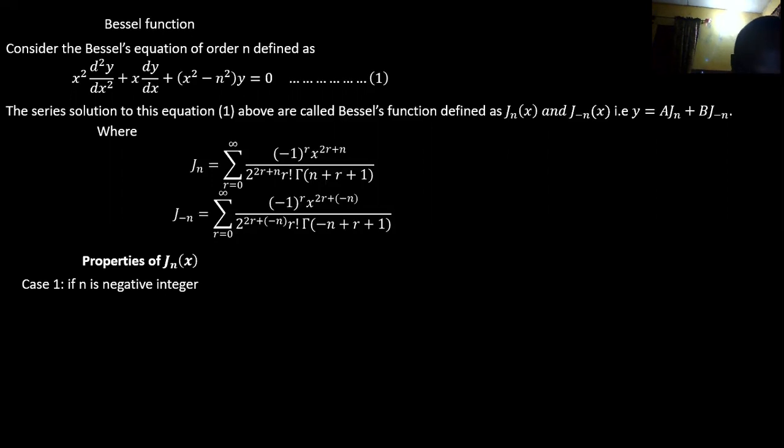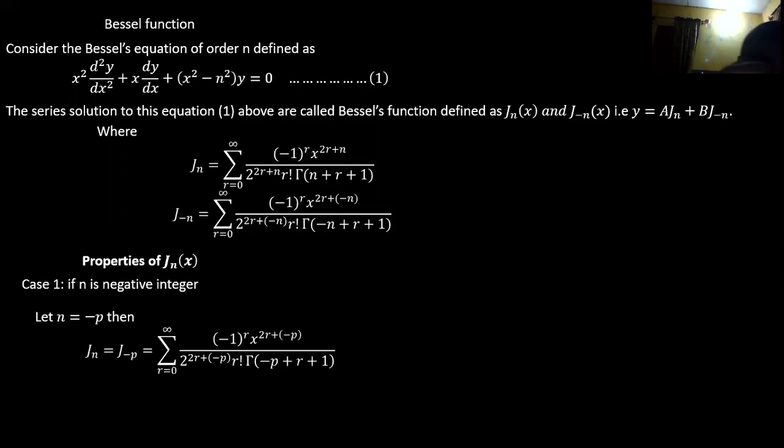Let n equal minus p, then my Bessel function Jn will be defined as J of minus p, which equals the summation from r equals 0 to infinity of minus 1 raised to power r, x raised to power 2r minus p divided by 2 raised to power 2r minus p, r factorial, the gamma of minus p plus r plus 1.